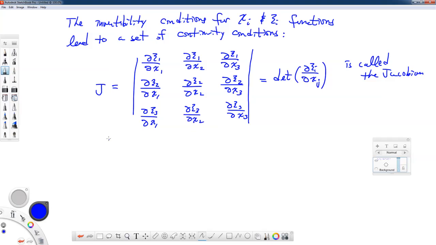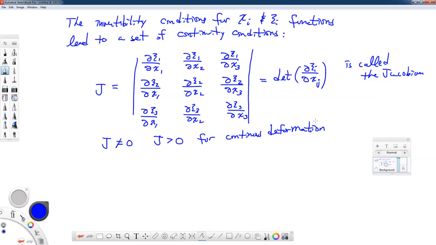And for continuous deformations, J cannot be equal to 0, and for our class we're also going to restrict it to be positive. That would be a consequence of working with a right-handed coordinate system.